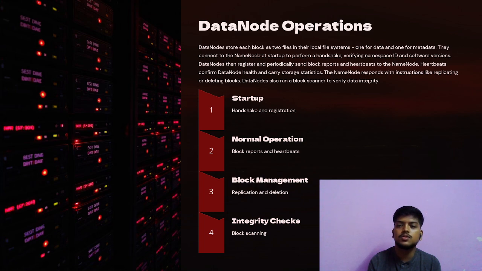The NameNode responds with instructions like replicating or deleting blocks. The DataNode also runs a block scanner to verify data integrity. Startup: handshake and registration. Normal operations: block reports and heartbeats, block management, replication and deletion, integrity checks, block scanning.